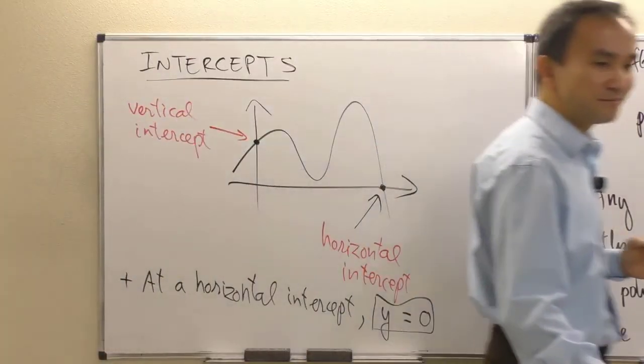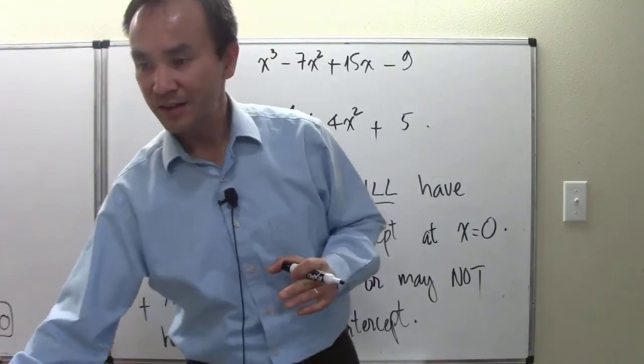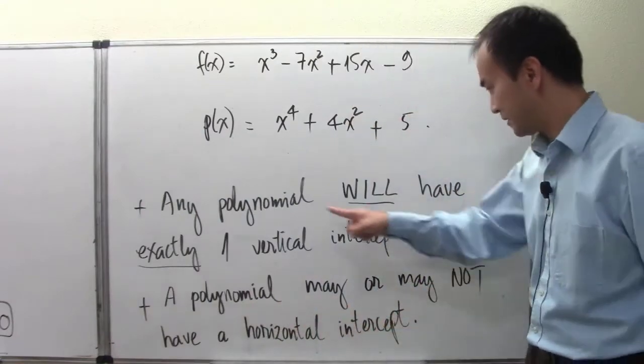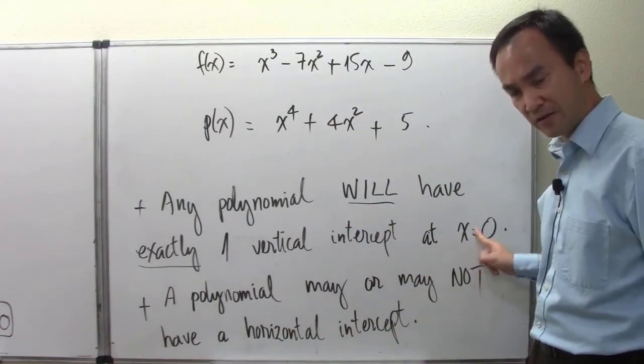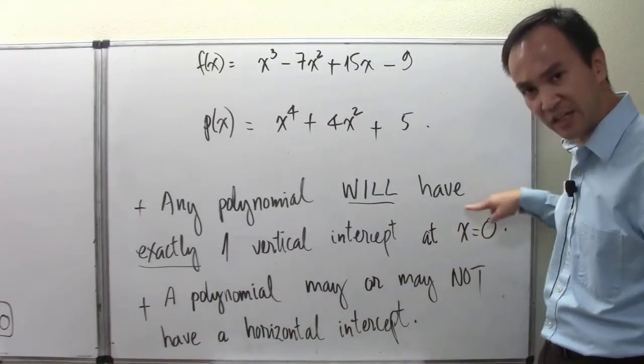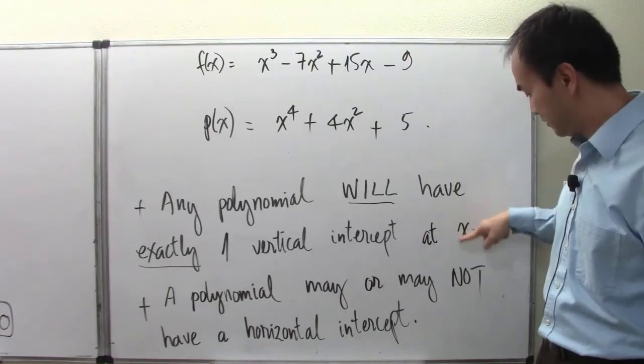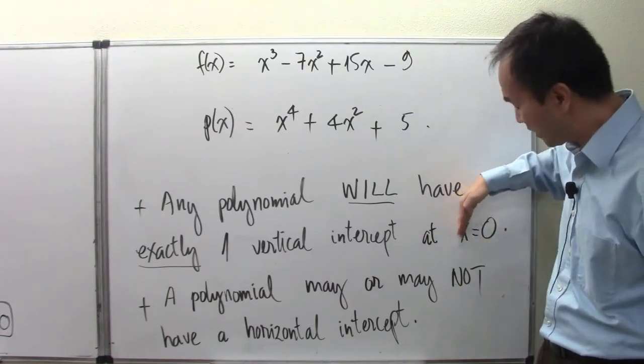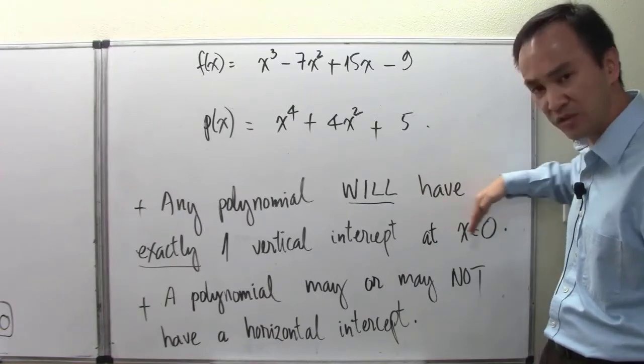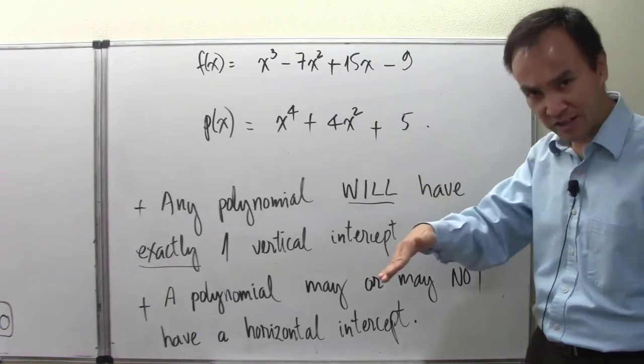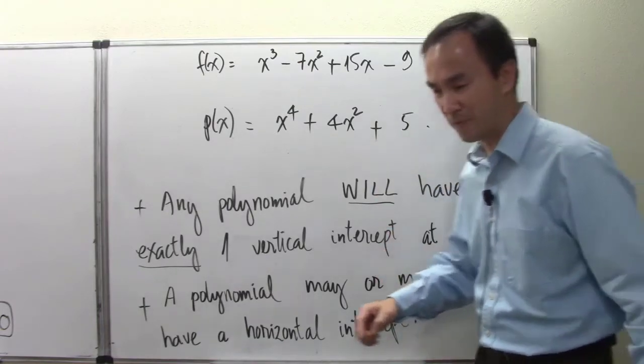Whereas on your vertical intercepts, the x value, the horizontal coordinate, has to equal 0, while on the horizontal intercept the vertical coordinate, the y value, has to equal 0.